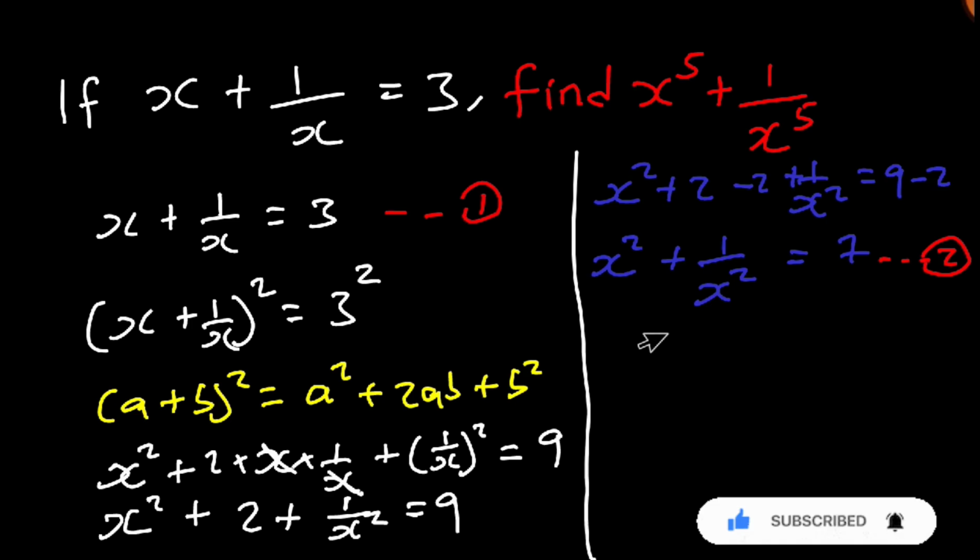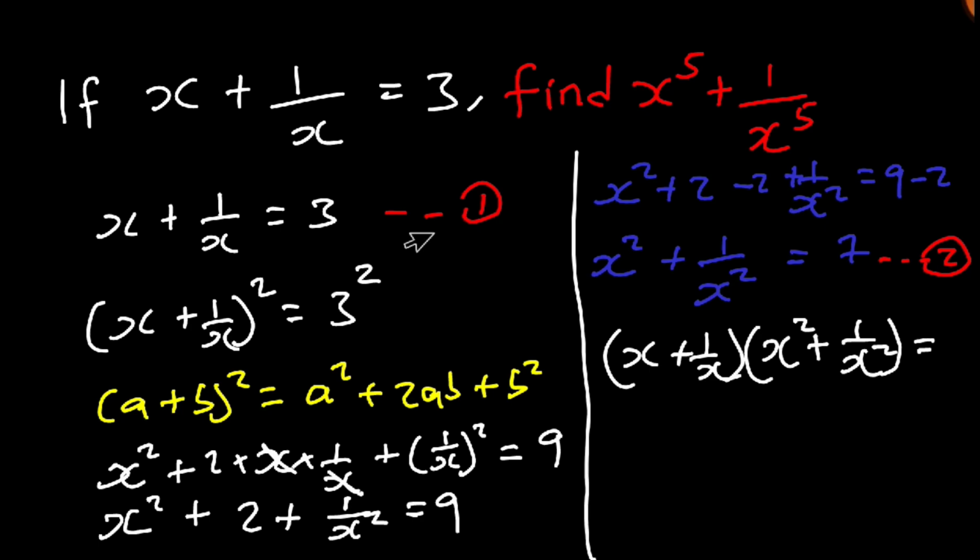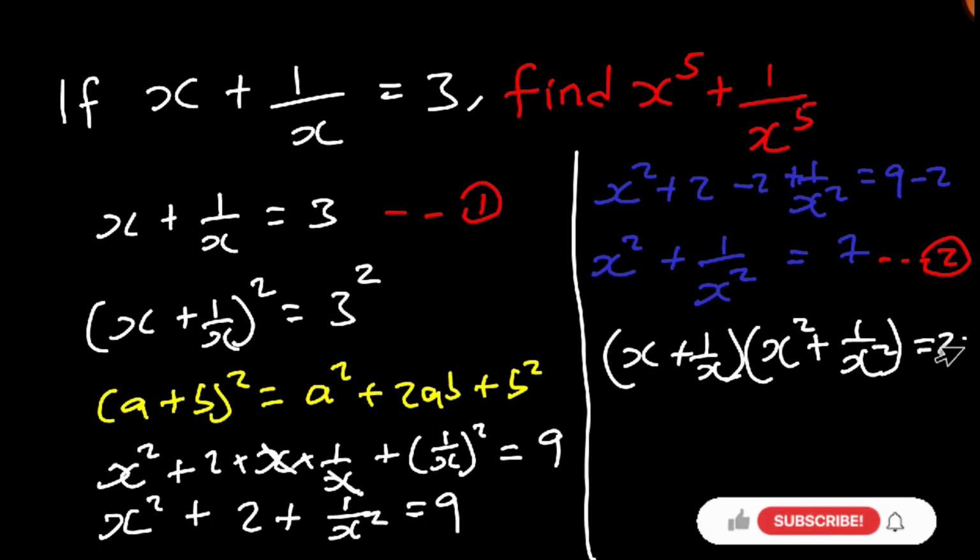So let's multiply equation 1 and equation 2. We're going to have x plus 1 over x multiplied by equation 2, x squared plus 1 over x squared, then equals 3 times 7, which is 21.